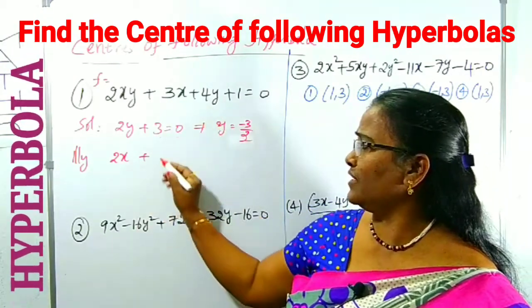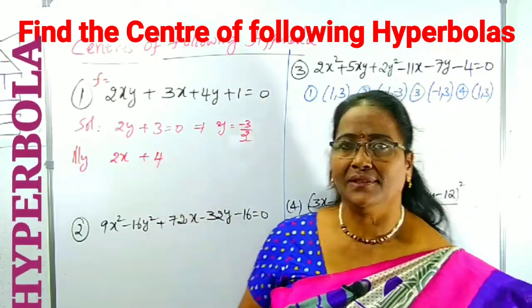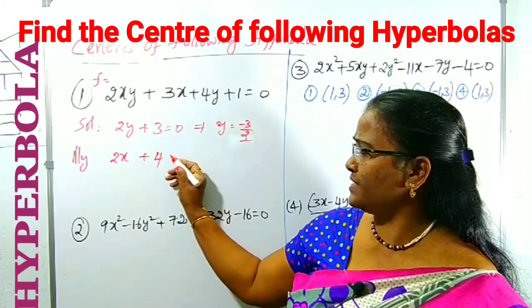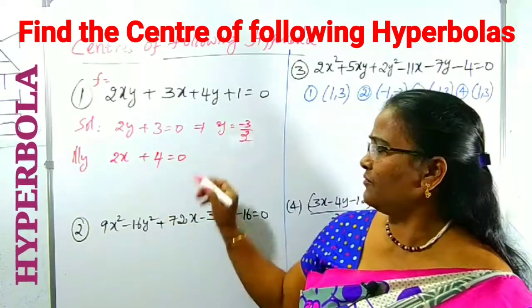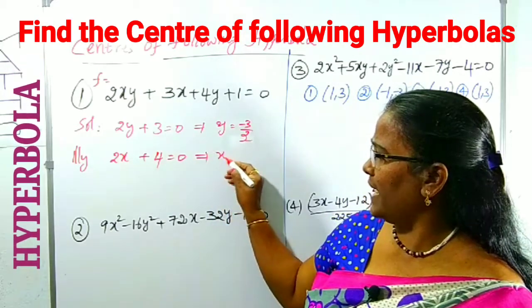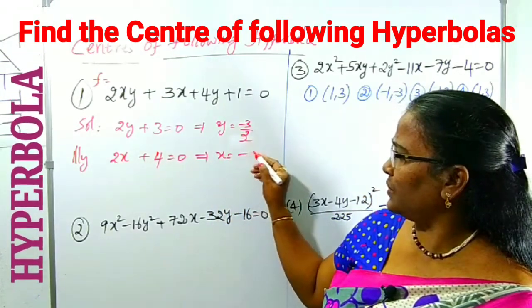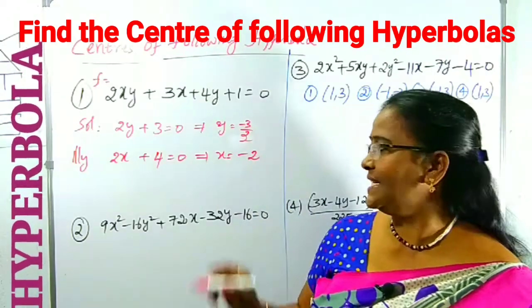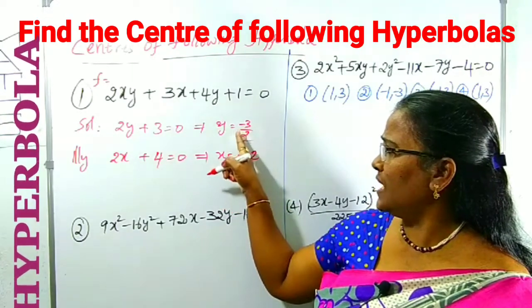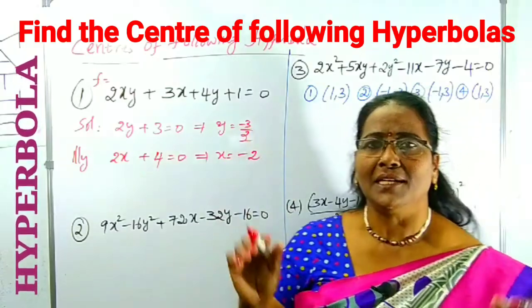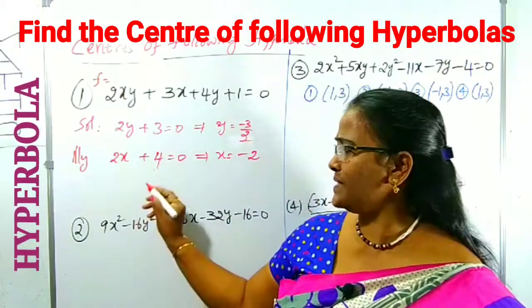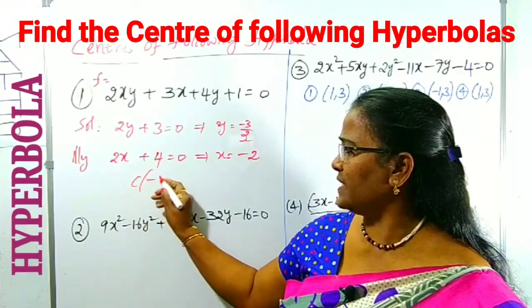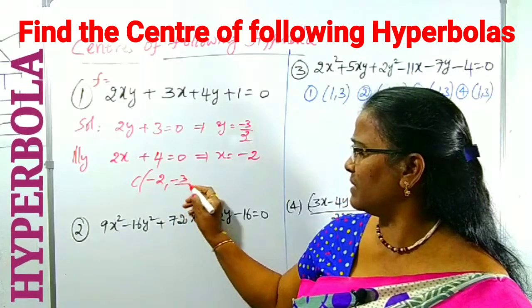The next term 4y has derivative 4, and 1 itself is constant, so it is 0. From this we get the x coordinate as minus 4 by 2, which is minus 2. The x coordinate is minus 2 and the y coordinate is minus 3 by 2. That is clearly the center: minus 2 comma minus 3 by 2.